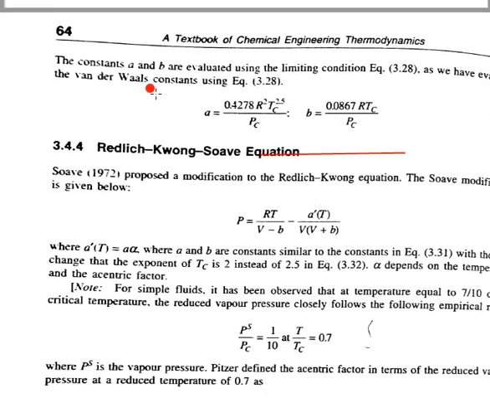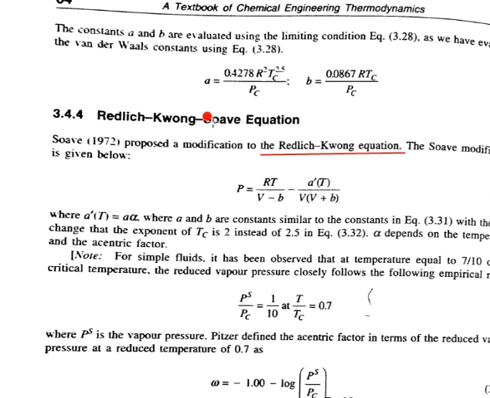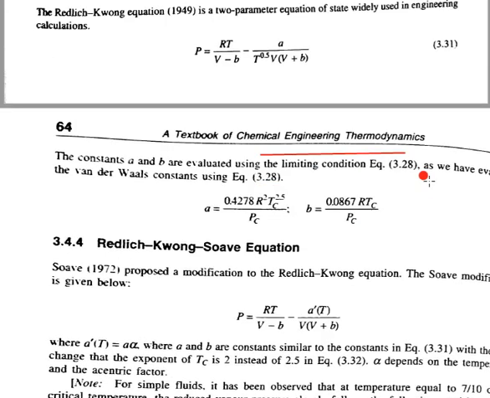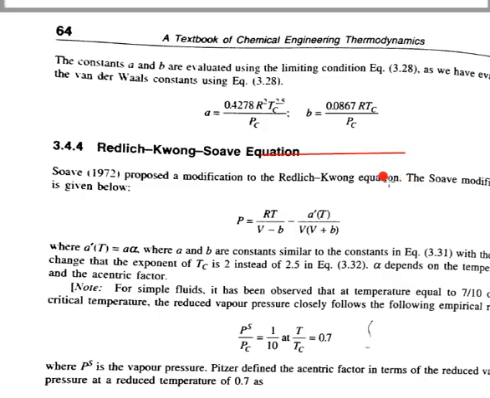After the equation given by Redlich and Kwong, the Soave modification is given below: P = RT/(V − b) − a(T)/(V(V + b)). Here a(T) means a times alpha, where a and b are constants.